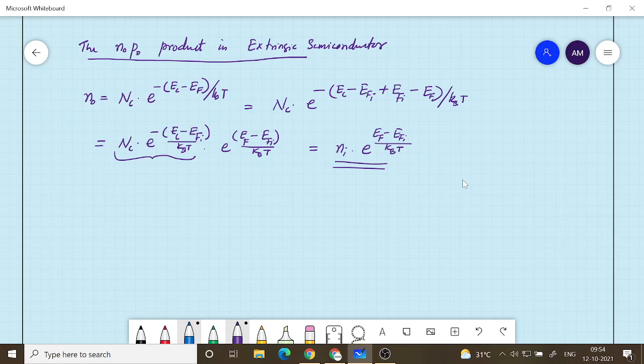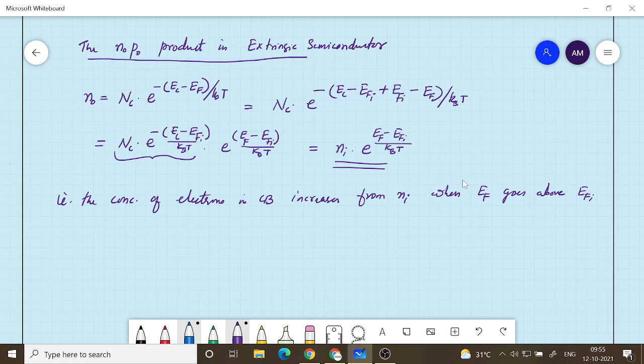If you try to understand what this equation says, the concentration of electrons in the conduction band increases from Ni when EF goes above EFI. So if EF is equal to EFI, that is an intrinsic material, then you will get back N0 is equal to Ni.